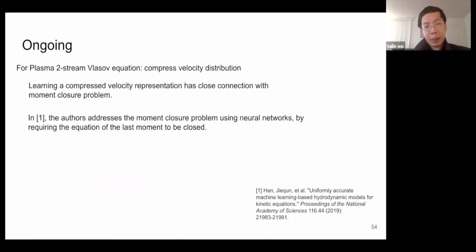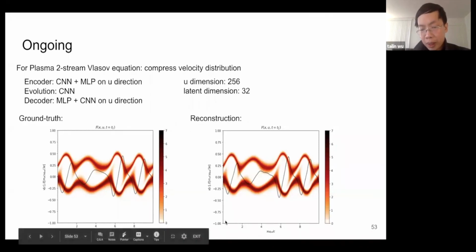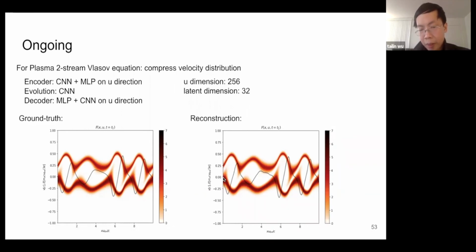And by the way, this kind of compressing of the distribution has a close connection with the moment closure problem. Basically, we can describe this distribution in the U direction using moments. For example, the zeroth moment will be the density of the electrons at different x, and then the first moment will be the charge current, and so on.